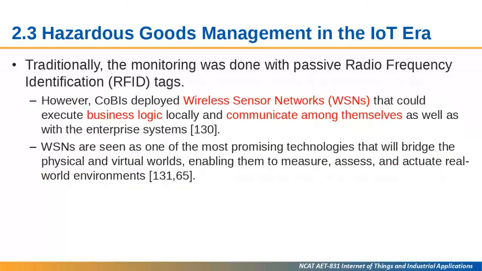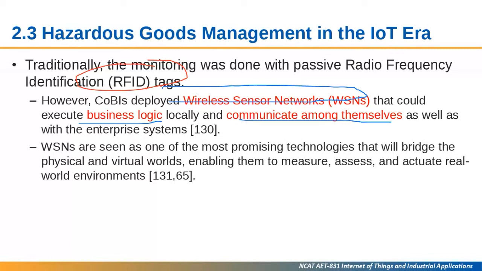That will need to be resolved. So traditionally, we have the RFID to do this, for the product asset monitoring. But with the development of IoT, now people are using wireless sensor networks, networks that can execute business logic locally and communicate among themselves.